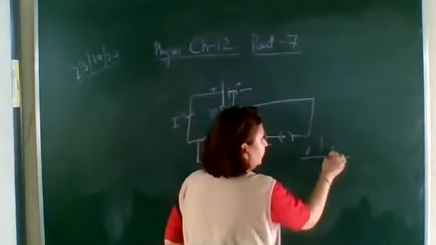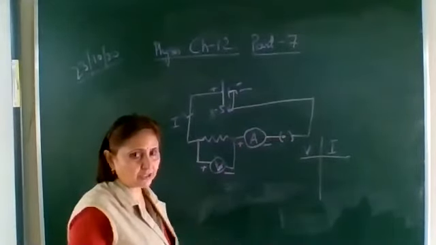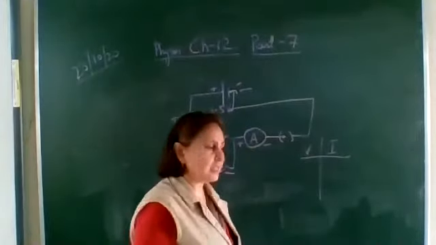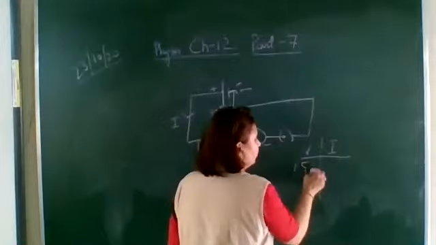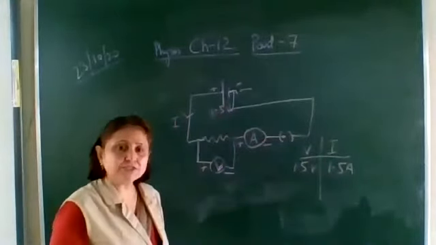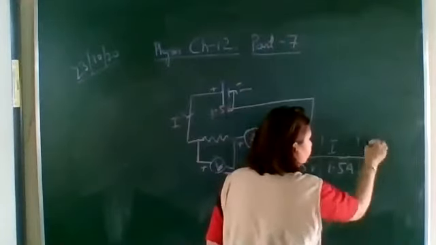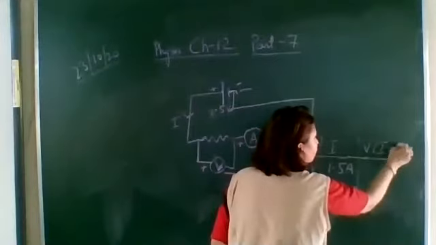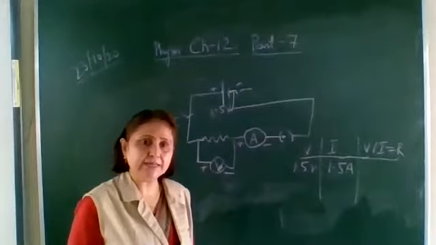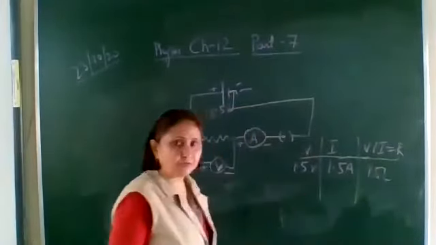For only one cell, note down the reading of the voltmeter, which measures the potential difference, and the reading of the ammeter, which measures the current. Suppose it is 1.5 volt and, just as an example, let the current also be 1.5 ampere. Now let us find out the ratio of V to I, which we know is the resistance. According to Ohm's law, V is directly proportional to I, so V upon I is R. So how much is the resistance? 1 ohm.